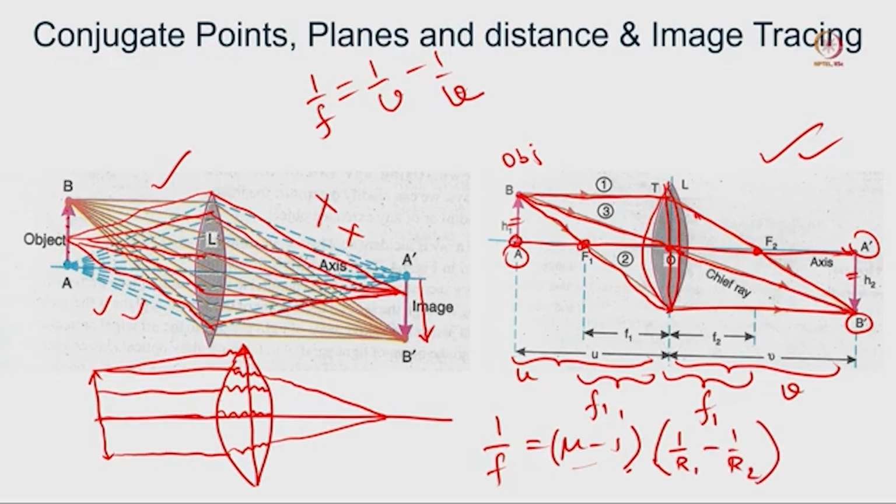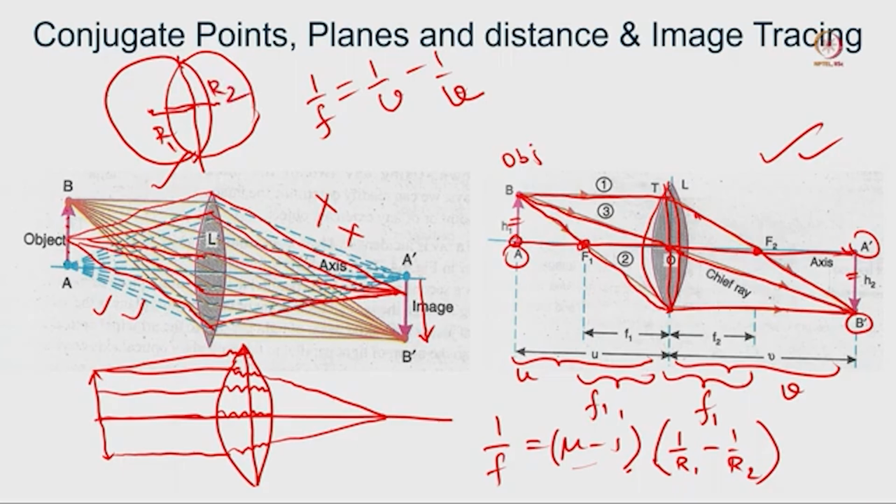What are that 1 by r1 and 1 by r2? If we have a lens, you can see this is a curvature, right? This is half of the lens. If you just consider this is one glass plate, and this is another glass plate, this will be the radius of that one particular point. So this will be r1 and this will be r2.